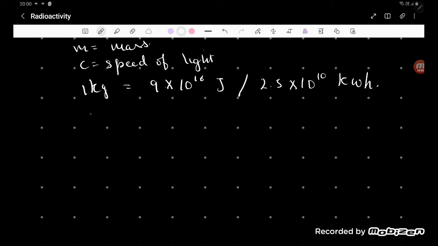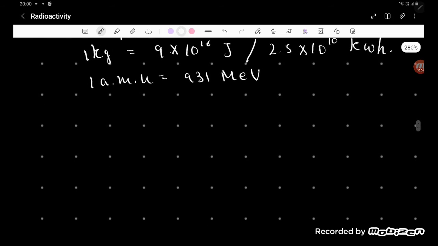That is important to remember. Whereas 1 a.m.u. equals 931 mega electron volts. That is also important.